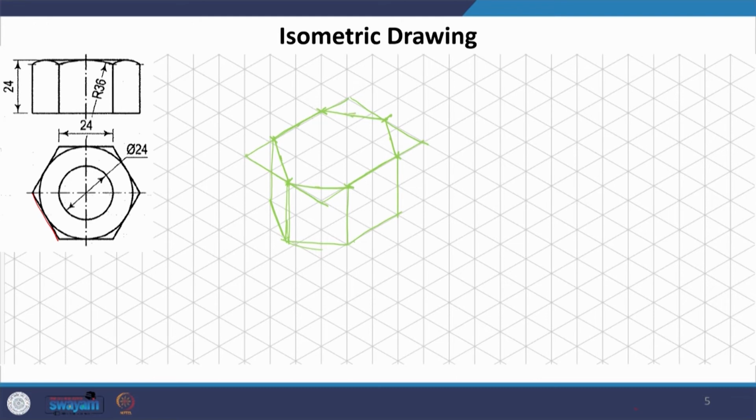Now, I am directly drawing it. We will actually first take the center, draw the square, and then arrive at this. Okay. So, this is what we will do. So, arriving at this circle, and then taking the same axis, the center of it, arriving at the inner circle also.